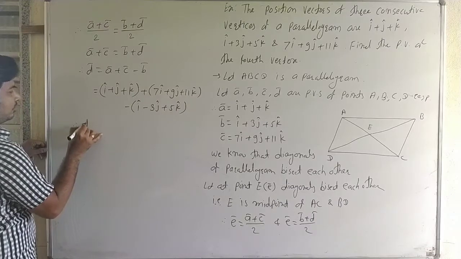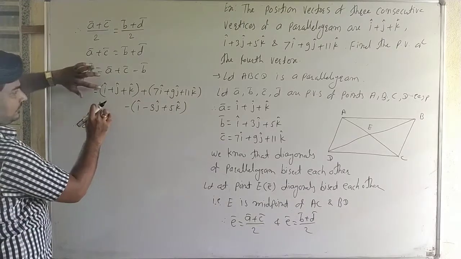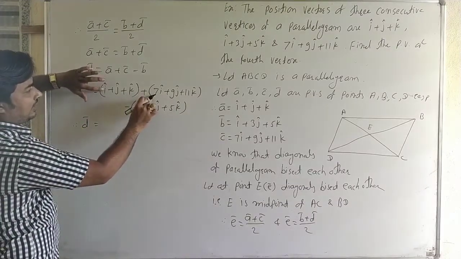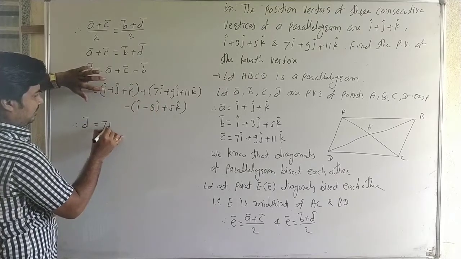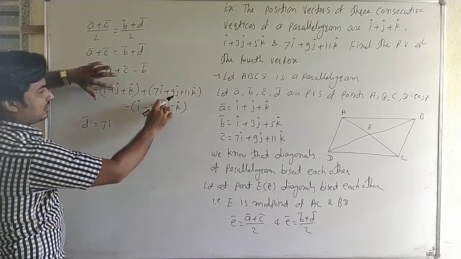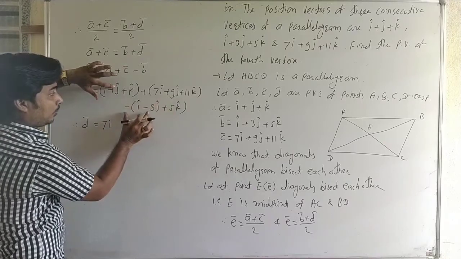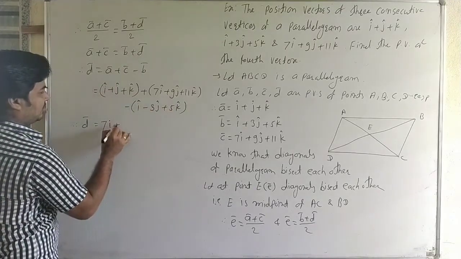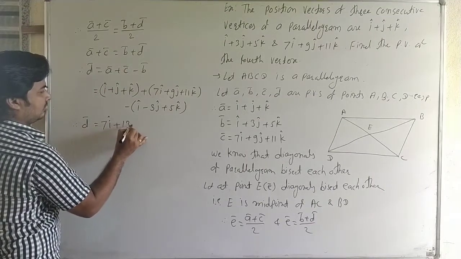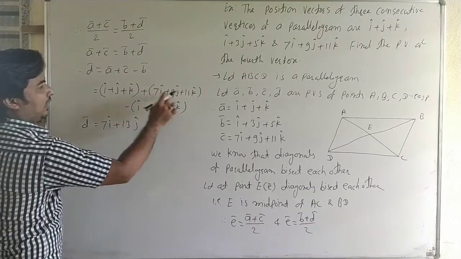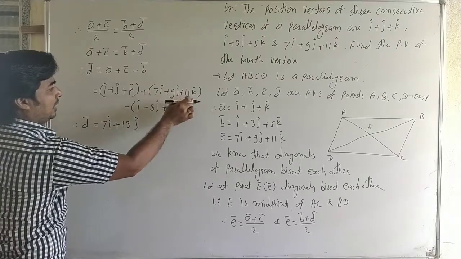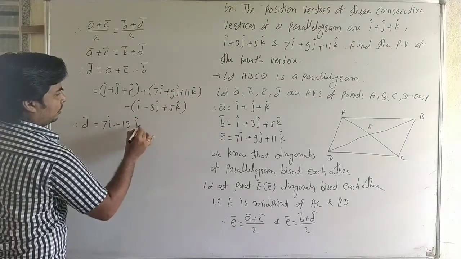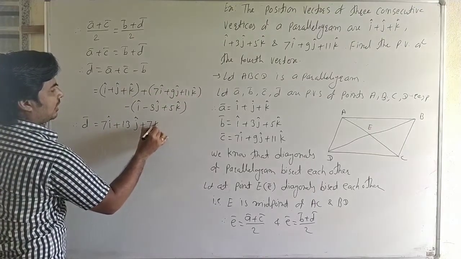Therefore the position vector of point D: 1 plus 7 is 8, 8 minus 1 is 7i cap; 7 plus 9 is 10 thus 10 plus 3 is 13j cap; 1 plus 11 is 12, 12 minus 5 is 7k cap.